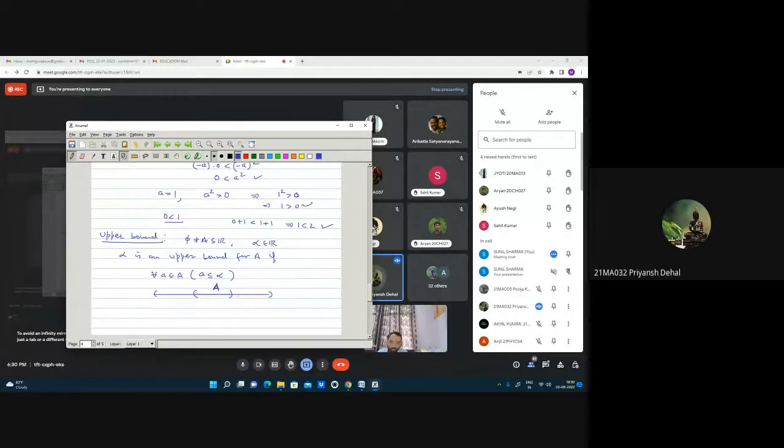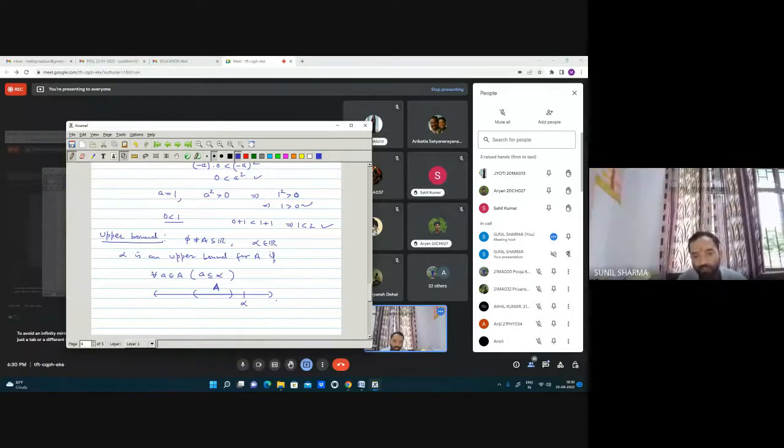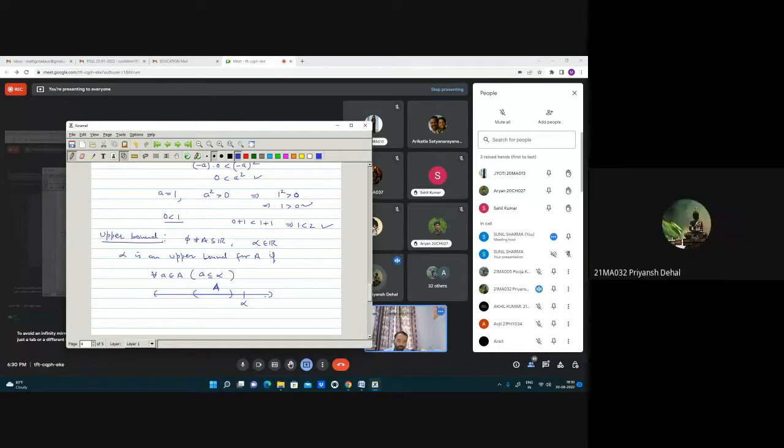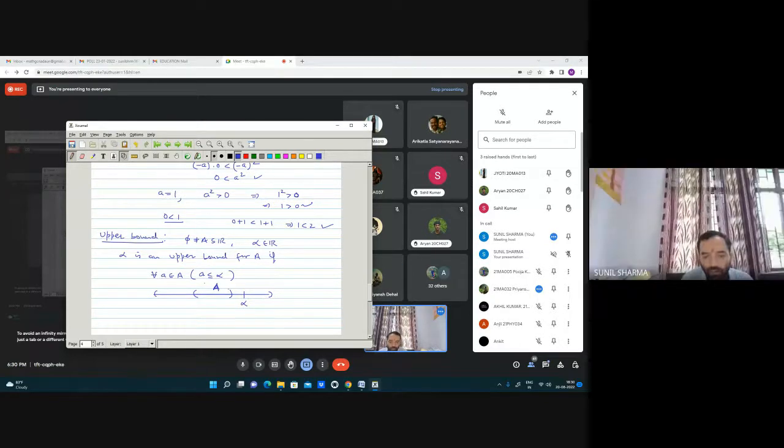Right of A. So all the elements of A are to the left of alpha. If every element of A is to the left of alpha, then we can say alpha is the upper bound for this set.